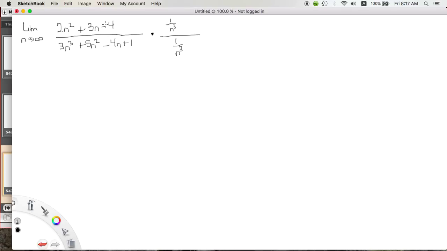So when we multiply this, it looks like the limit as n goes to infinity of, I'm just going to distribute it right across and simplify.